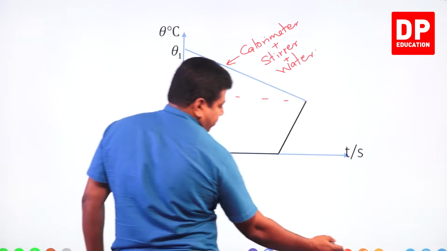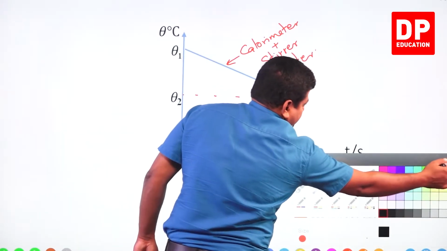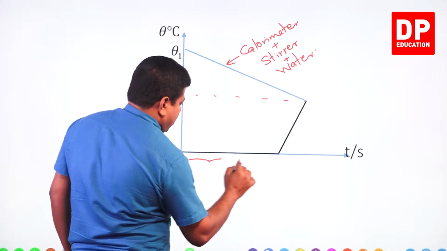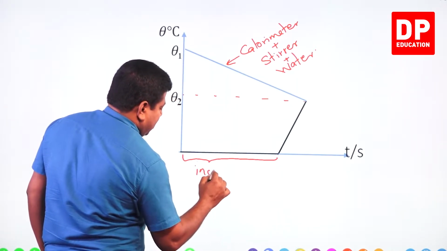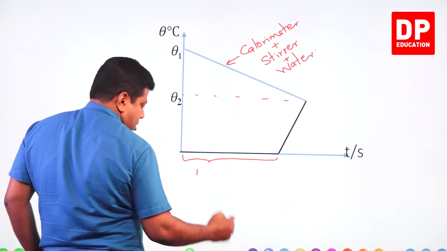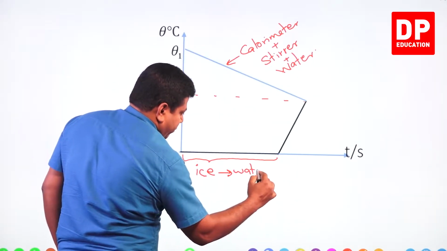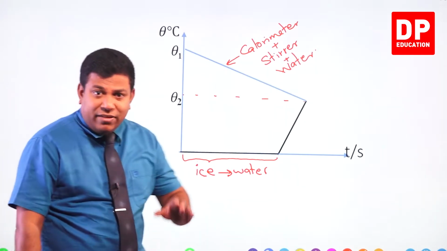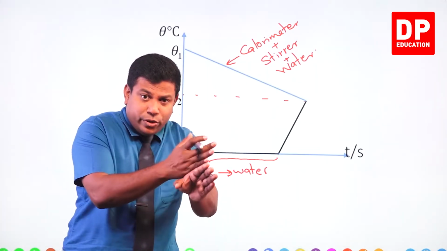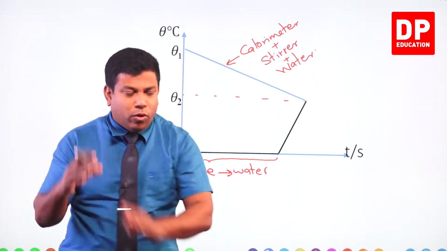What is this one? This is where ice changes into water. So it remains at 0 degree itself. 0 degree ice changes into 0 degree water.